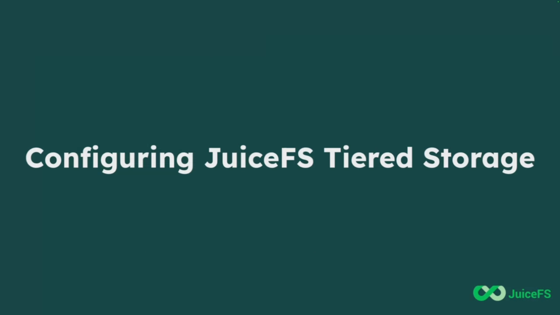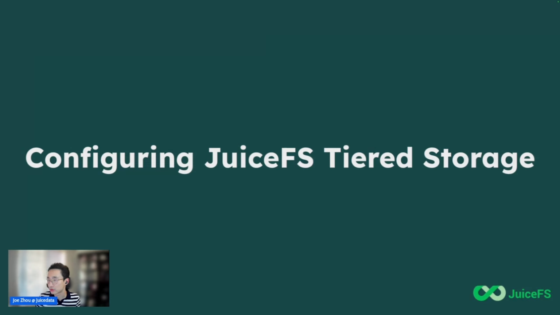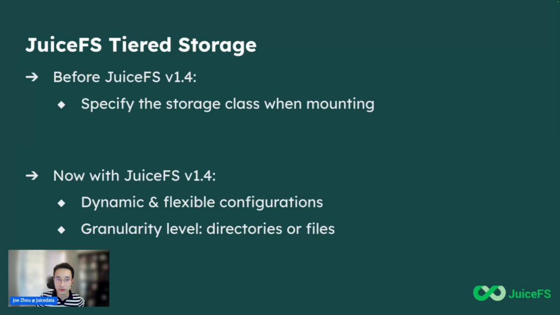Awesome. So now let's see what we can do to use JuiceFS to utilize these storage classes. Because JuiceFS is a software-defined storage solution, we cannot control the actual medium underneath the object storage used to store the archive data.